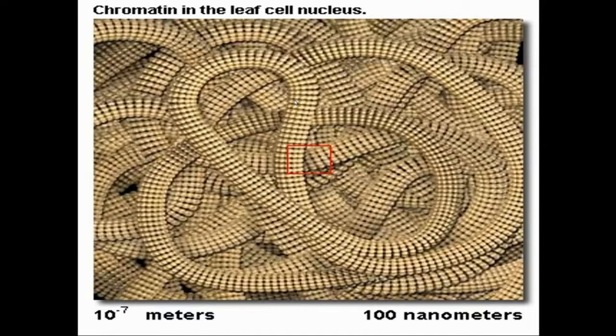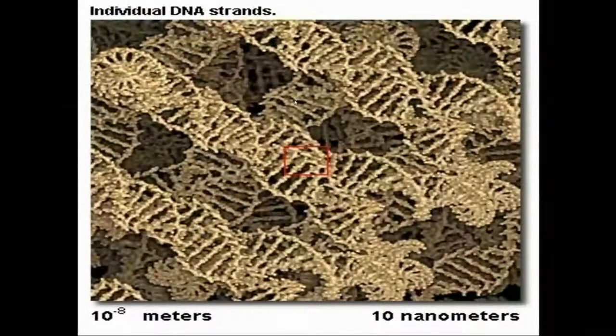Now, if we magnify more, at 10 raised to the power minus 8, you see something that we call individual DNA. And you know that the DNA is the blueprint which makes your hereditary line, any of these things.